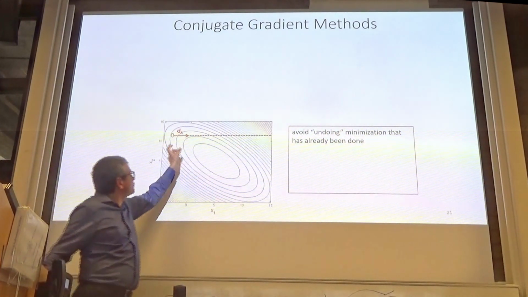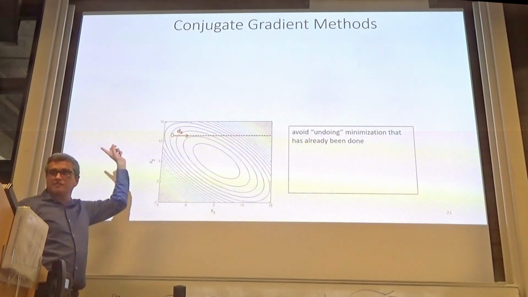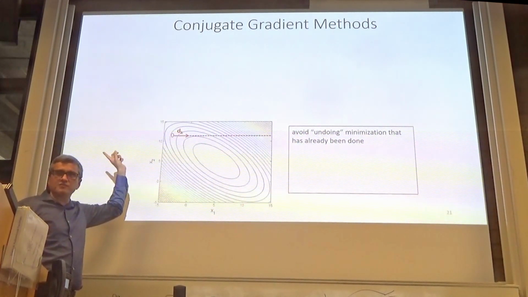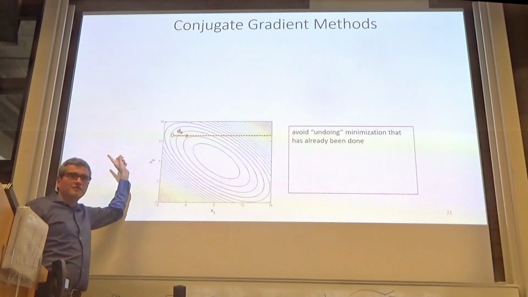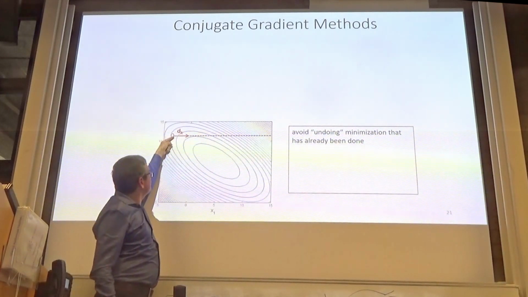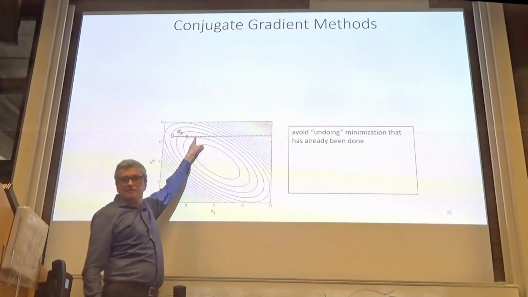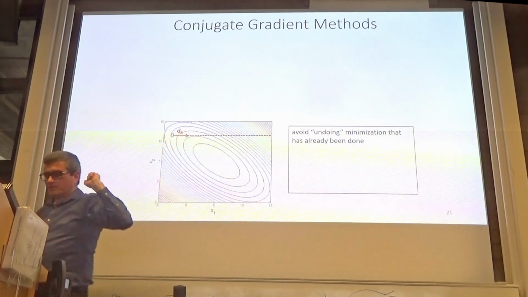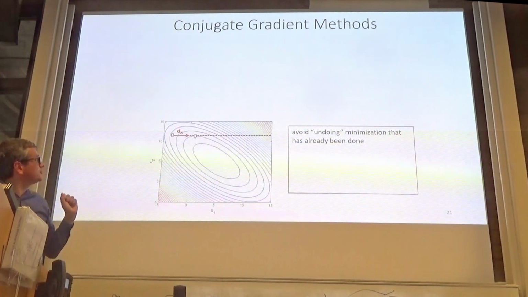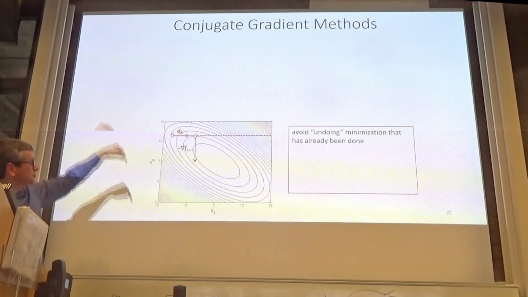We come here, and then what is the minimum there? If I do a line search, where am I going to stop? Here we are decreasing. When we are here, we will start increasing. So we stop here, and if I follow the minus gradient there, it will go down.